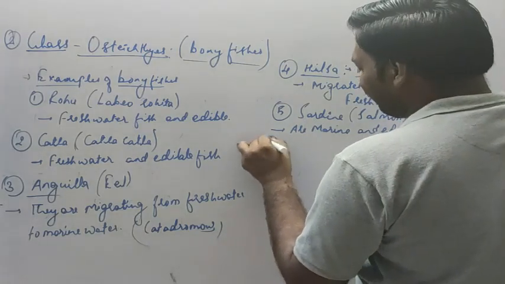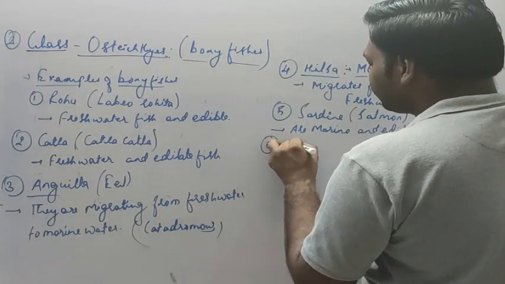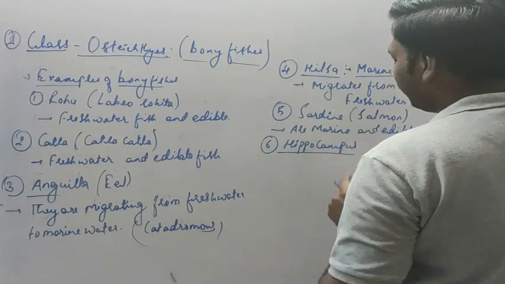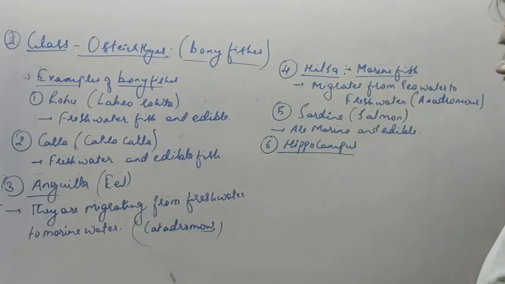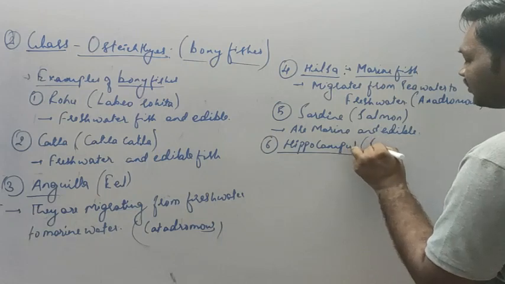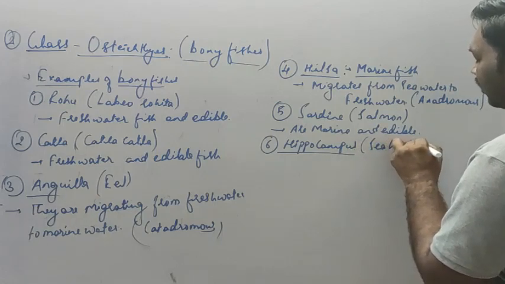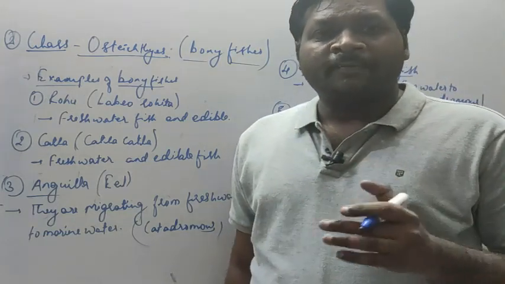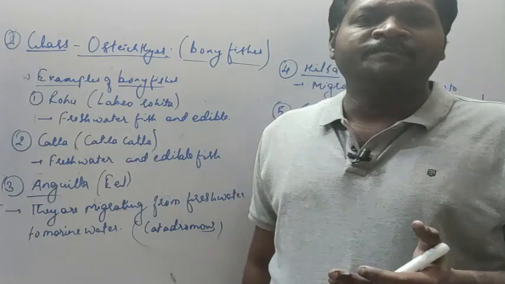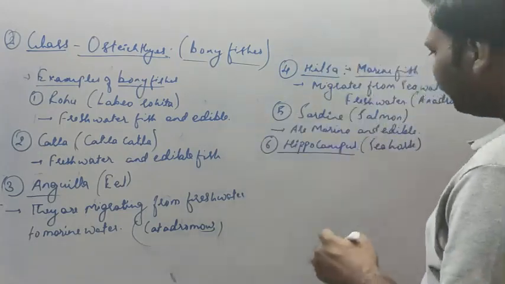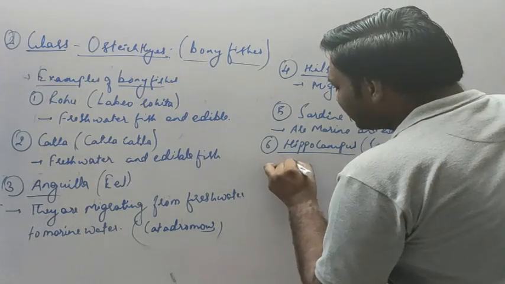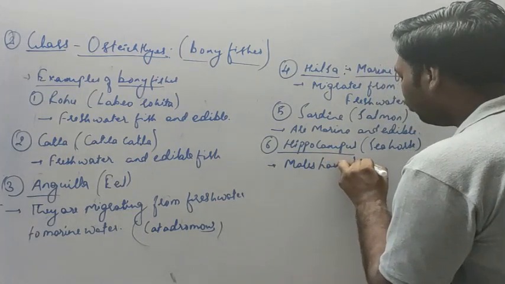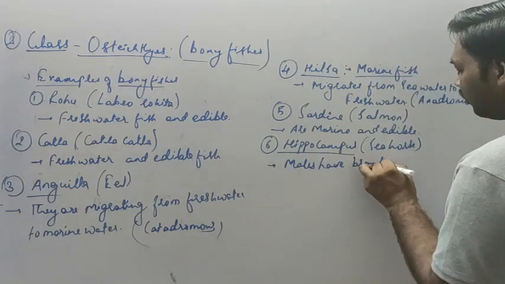Then another example is Hippocampus. Hippocampus is generally referred to as the seahorse. Now in Hippocampus, one of the special characteristic features is that the males have brood pouches.